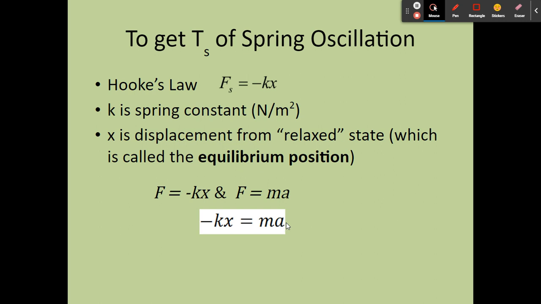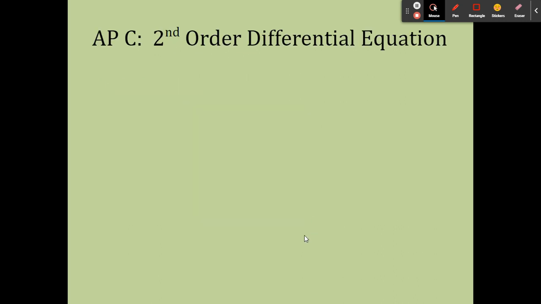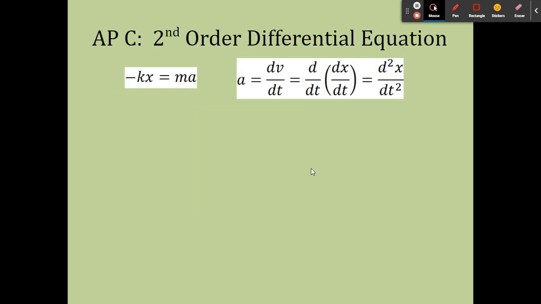So then the next step is to write our differential equation. When you're writing an equation, you want everything in terms of one variable. In this case, we have x, but over here we have a. So we have to find a way to write a in terms of x. And we can do that taking derivatives.